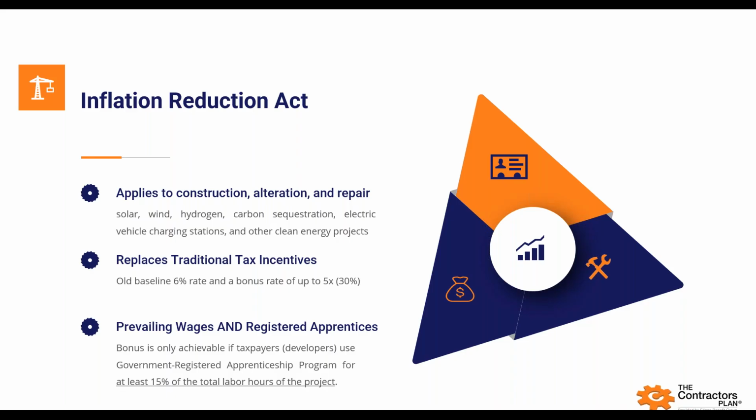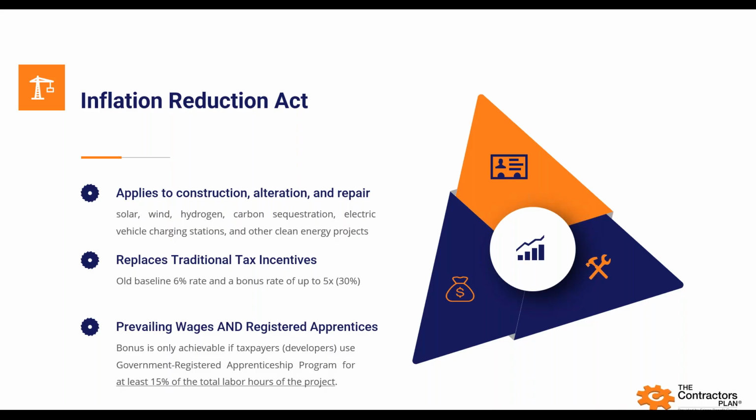There's also car charging stations and other clean energy, solar and wind projects. The Inflation Reduction Act is interesting because it removes the incentives that were previously there and replaces them with the same incentives if you, as a contractor, pay prevailing wages and have registered apprenticeship as a part of that project.